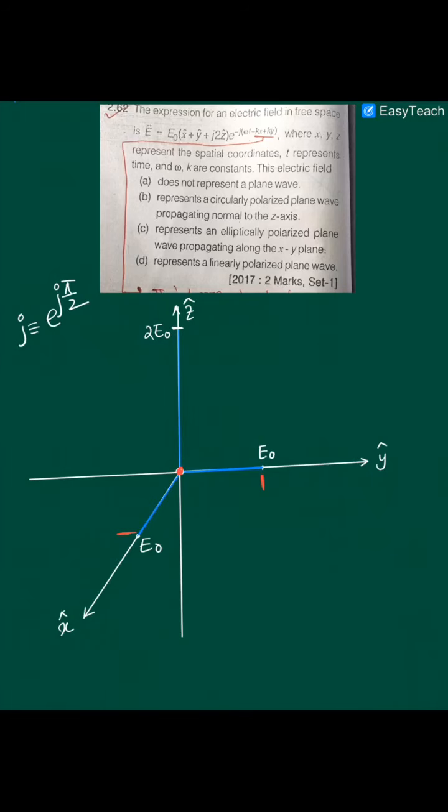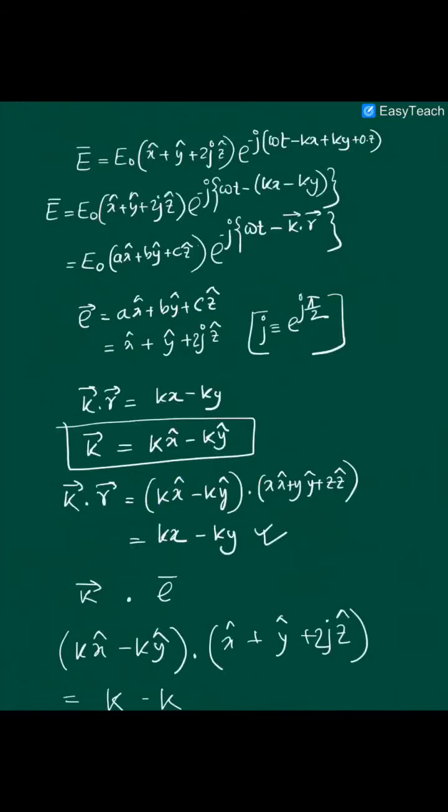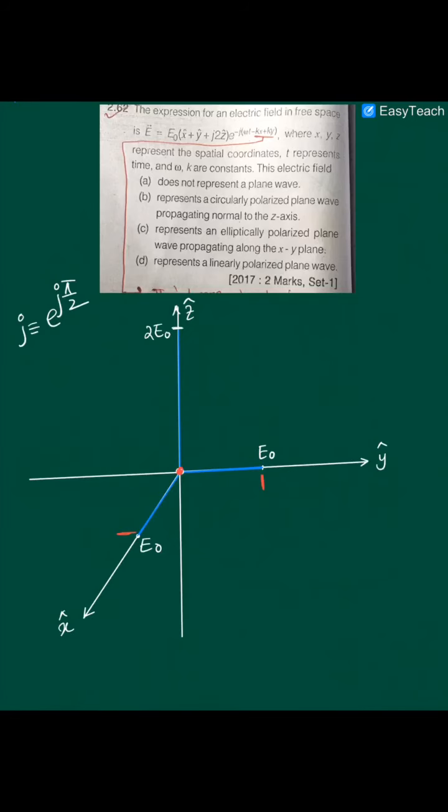Now at this point let us also plot the direction of wave propagation in this coordinate system. You can see that the direction of k is k x cap minus k y cap. So you can plot this over here.